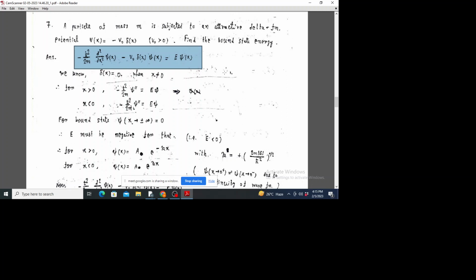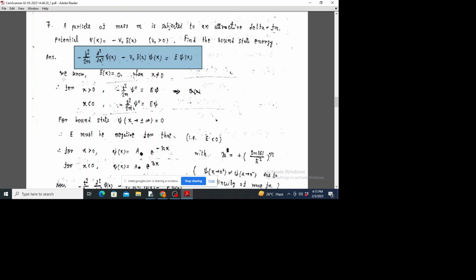Now we'll solve this. We know the property of the delta function: integrate it over all space and we will get 1, but delta x is 0 when x is not equal to 0.